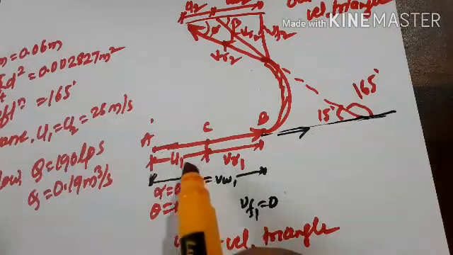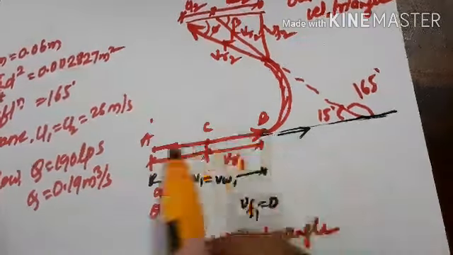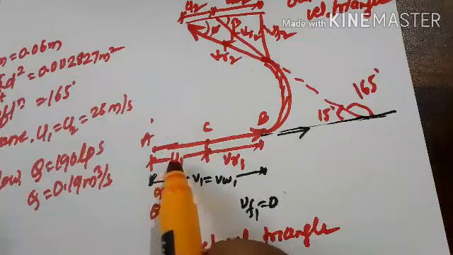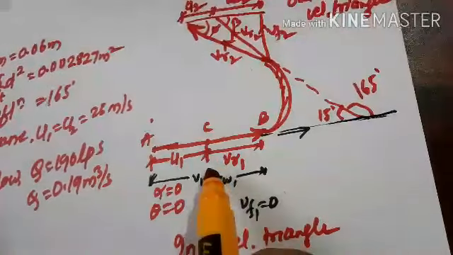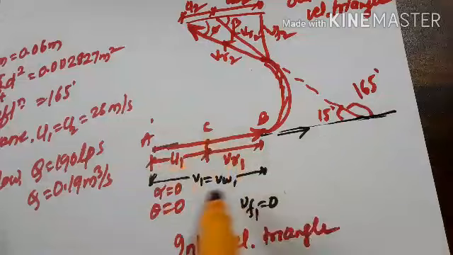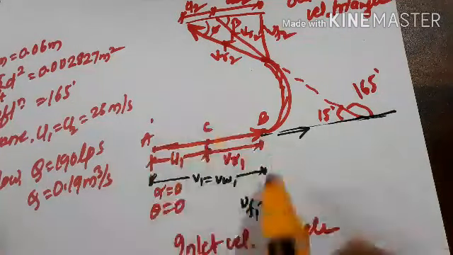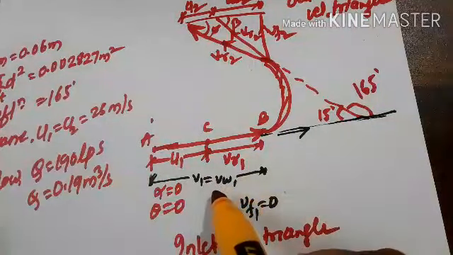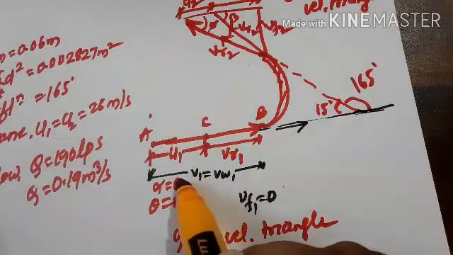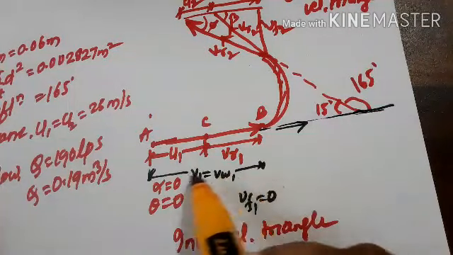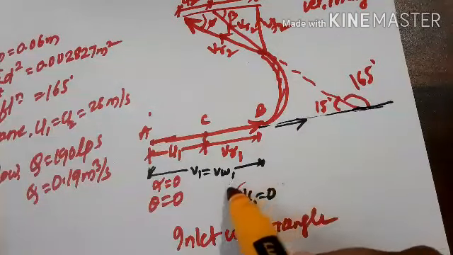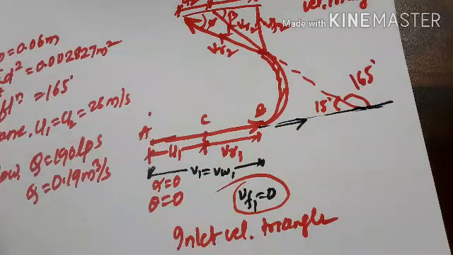So the inlet velocity triangle will be a straight line, where AC represents the velocity of vane, CB represents relative velocity and AB represents absolute velocity. Then in this inlet velocity triangle, V1 is equal to VW1. You will get only the whirl velocity, that is the component of V1 in X direction, but the component of V1 in Y direction will be 0. So the flow velocity will be 0.